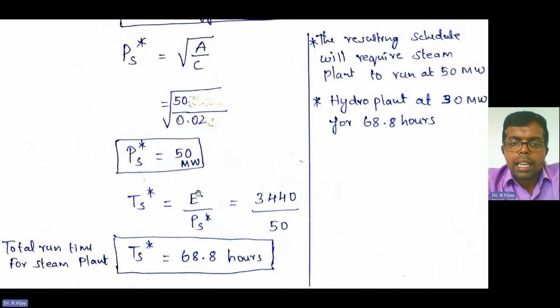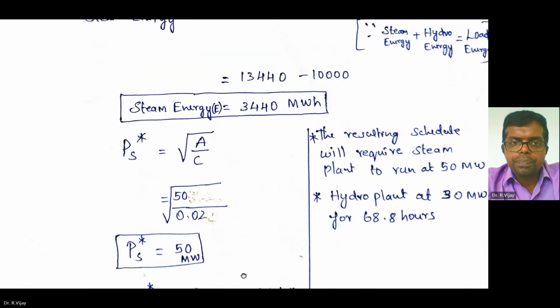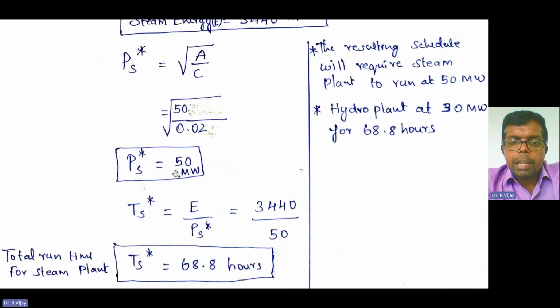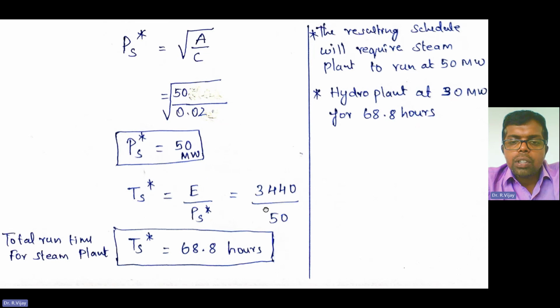So E is the total energy, that is steam energy, E is equal to 3440 megawatt hour, divided by PS star, which is 50. Substituting and simplifying, we are getting the answer as 68.8 hours. That is nothing but the total runtime for the optimal steam power plant.